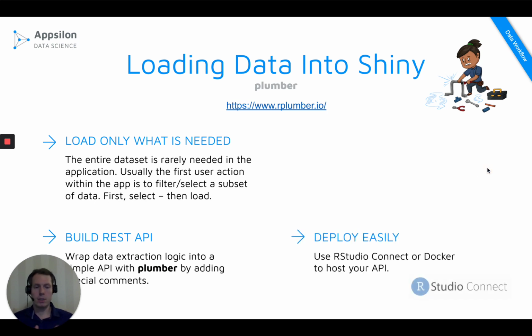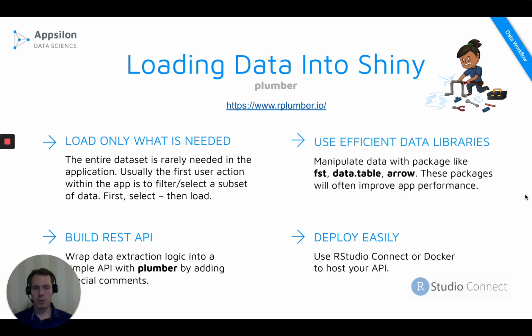It's also super easy to deploy it with Docker or RStudio Connect, so check the Plumber documentation. Also, one more point, make sure that you are using efficient data libraries like fst, data.table, or Arrow. It can vastly improve the performance of your application.